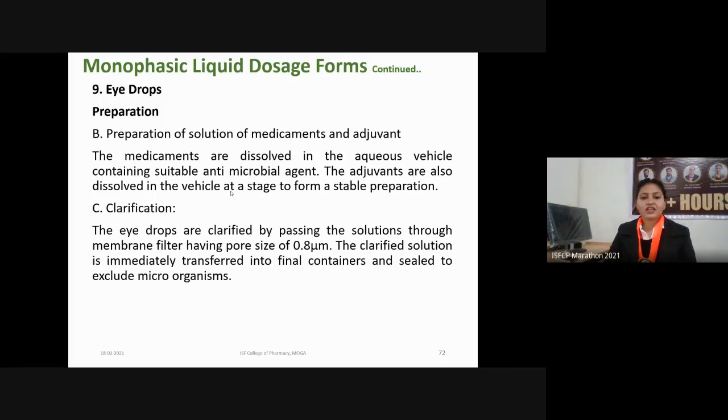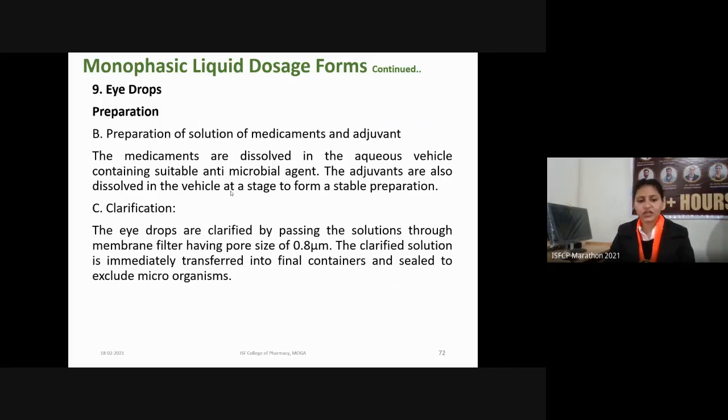The second step in the preparation of eye drops is to dissolve the medicament in the aqueous vehicle that we have prepared in the first step. The third stage is clarification.